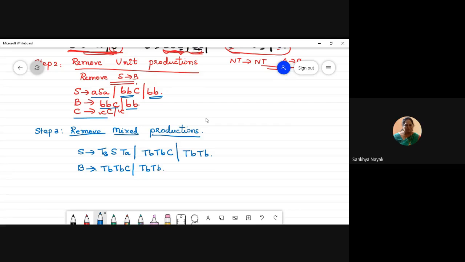Okay. Now come to the third one. C derives small c, capital C. So TC and C. But this I am not going to make any changes because it's a single terminal. Right? In CNF, a non-terminal deriving a single terminal is allowed. So I'm not going to make a change over there. Alright. So this is my step 3. So what is step 4?